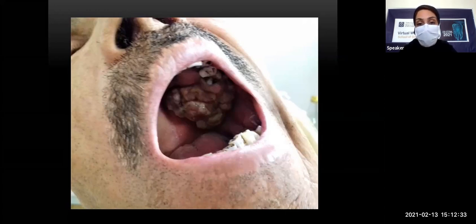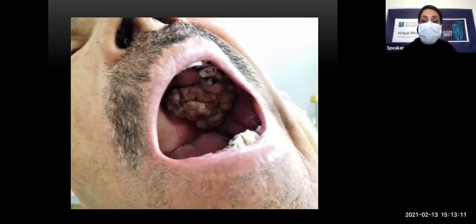And as you confirm, this lesion is not similar to a reactive lesion because of the color and lobulation. Also, pyogenic granuloma or peripheral giant cell granuloma can have a lobulated surface, but they are hemorrhagic and red in color, not white. And because of this region, you also know that in the hard palate the salivary gland origin tumors should be considered in differential diagnosis.